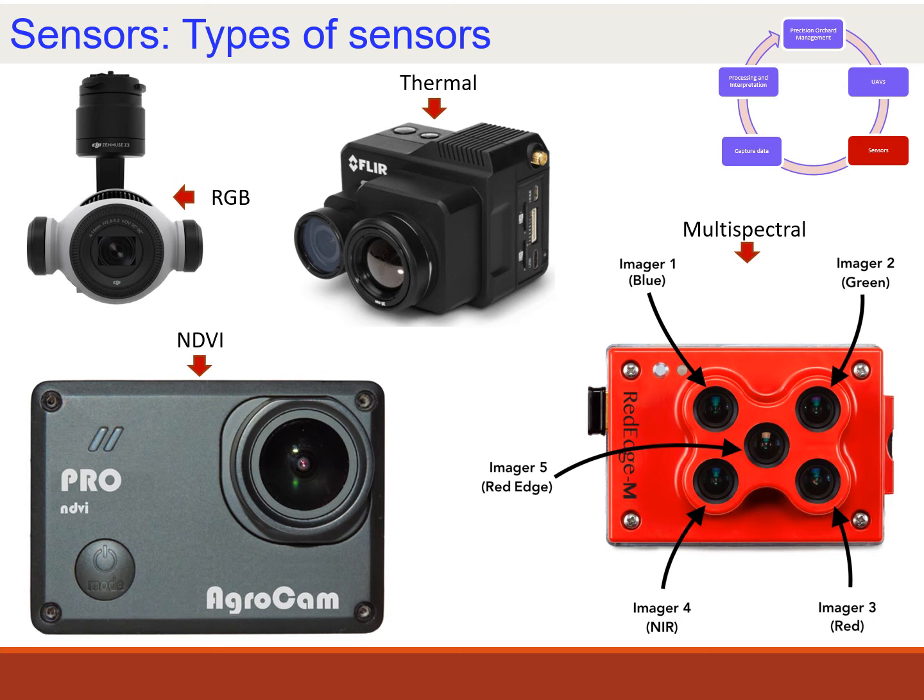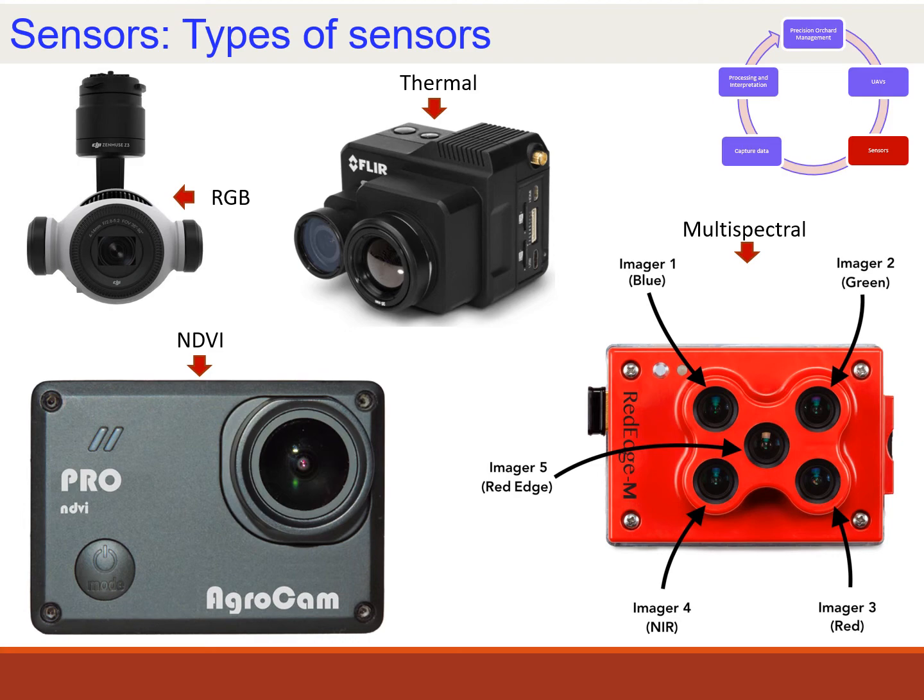There are also sensors available to capture different vegetation indices, and also more sophisticated cameras which can capture multispectral data.